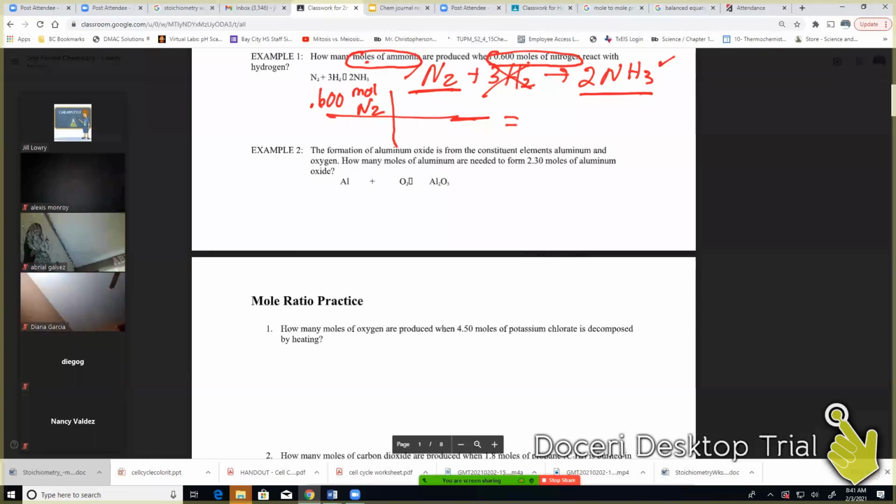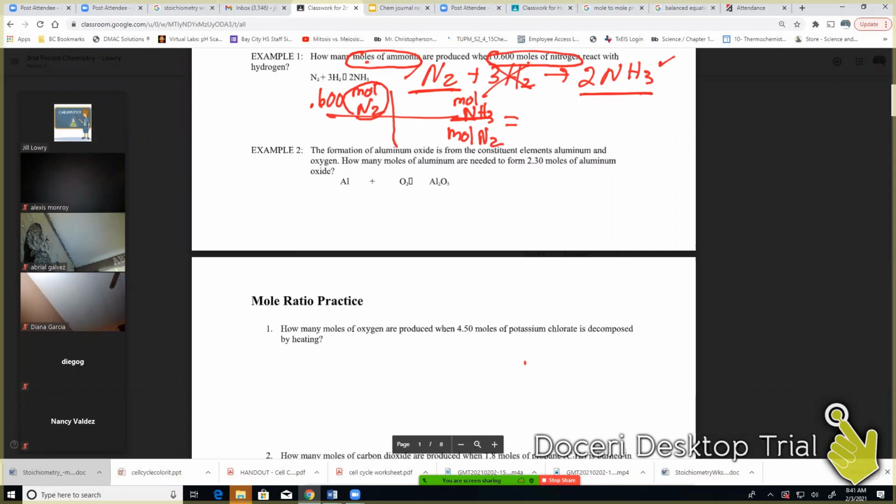End up here at the top with what I want to convert to, which is moles of ammonia, NH3. I follow my units. Whatever I have here, moles of nitrogen, that has to also be down here because I need them to cancel out.